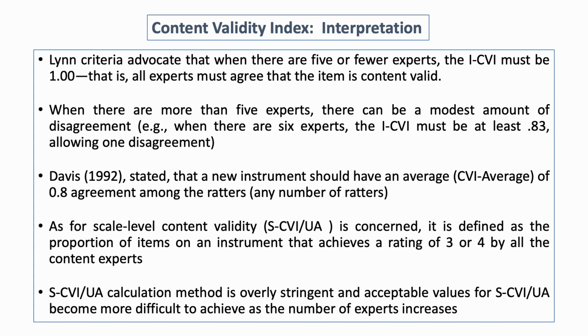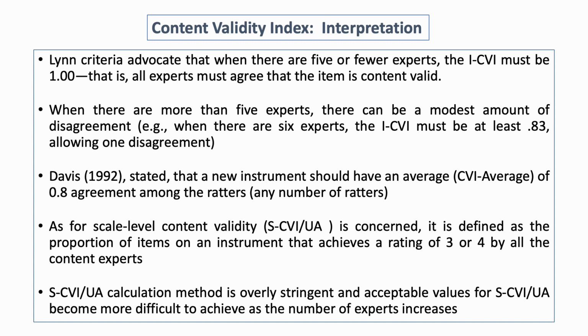Davis 1992 states that a new instrument should have a CVI average of 0.8 agreement among the raters, any number of raters, he says. So that is another way you can refer to, as Davis proposed this idea in 1992.